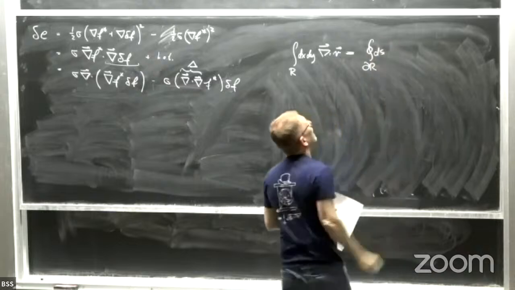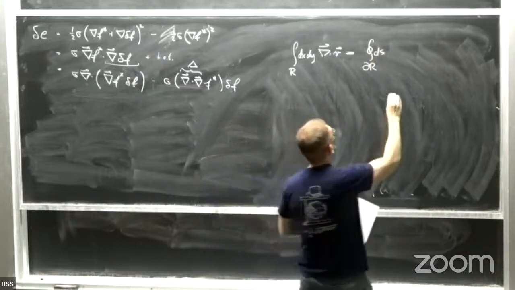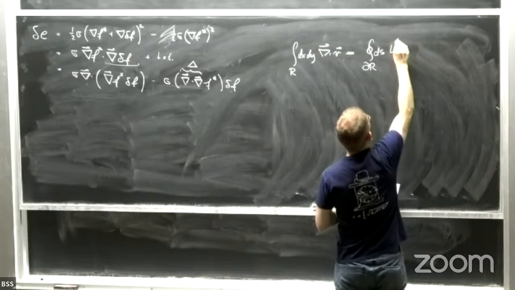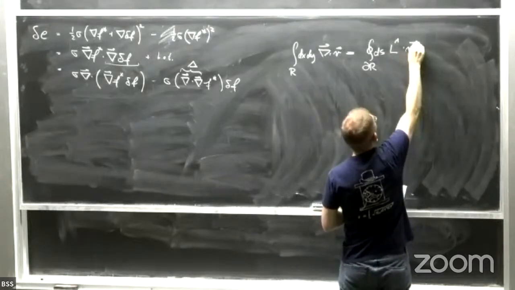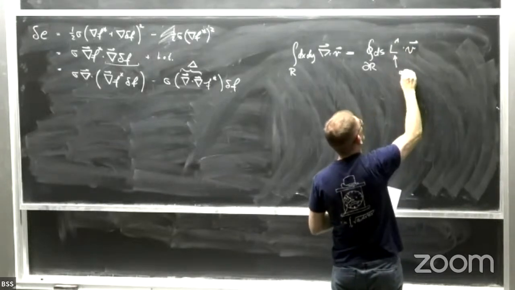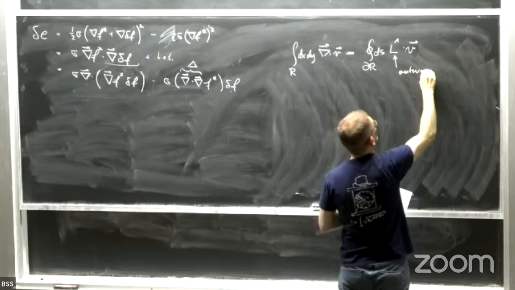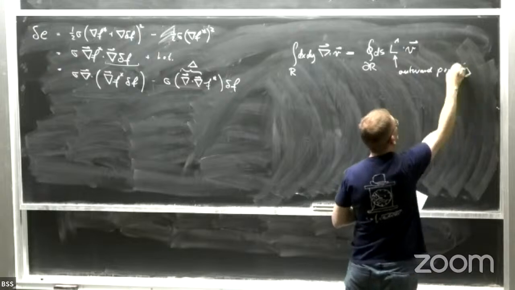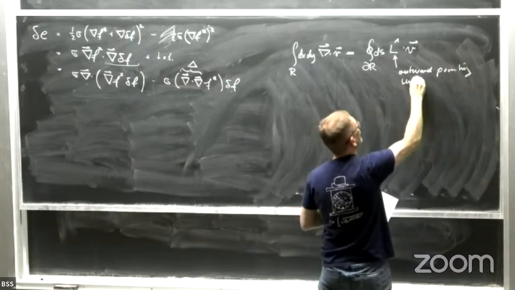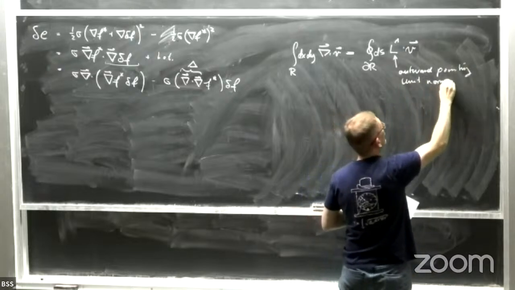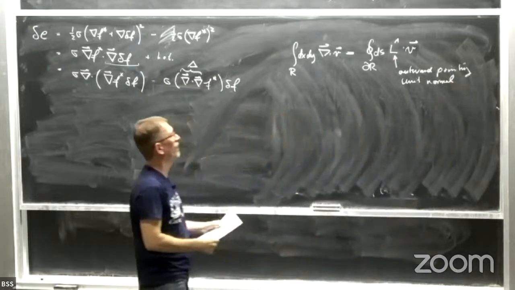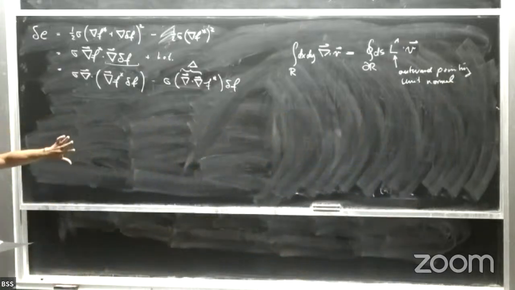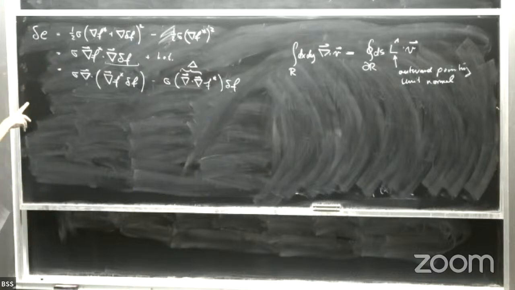The S is the arc length element along the boundary, some vector L dot V, where V is the outward pointing unit normal. Okay?